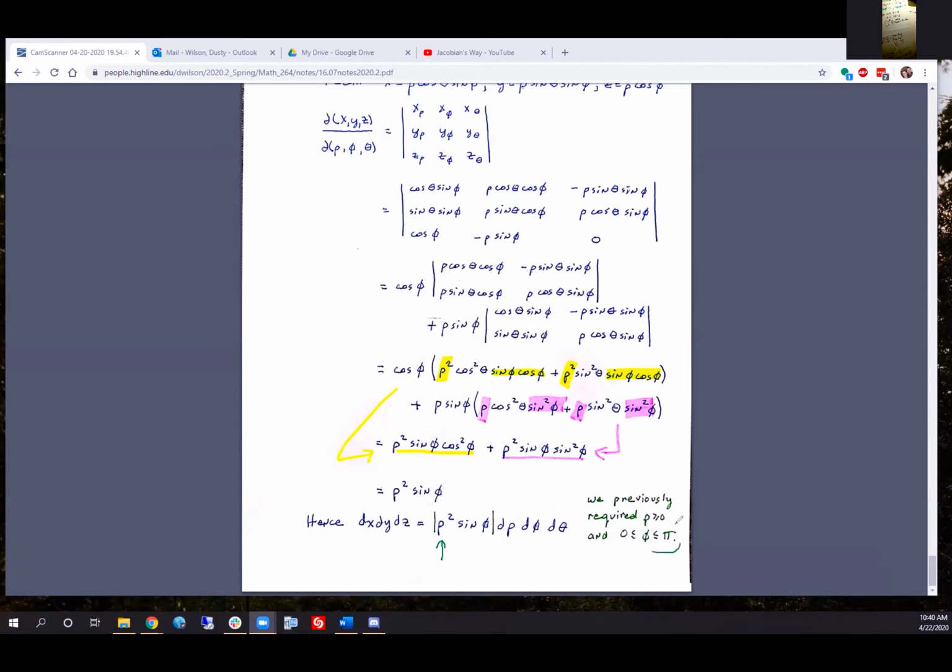And we required our phi to be between 0 and pi, so sine phi is always non-negative. So this quantity will always be non-negative, which is why, in this case, we could ignore the absolute value, based on the way we've constructed things. Pretty cool stuff.